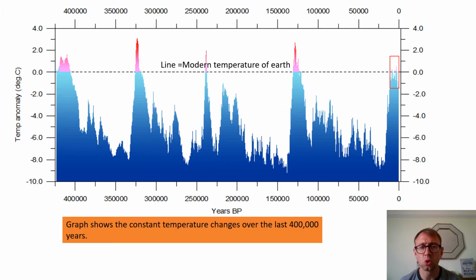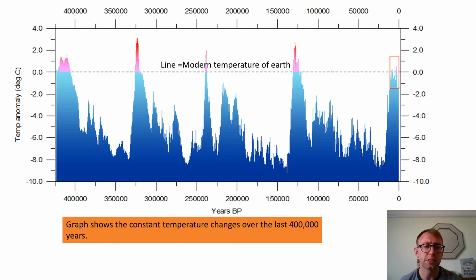So this leads us on to talking about this graph. Along this graph, we can identify some key things. The first one, in the orange box at the bottom, shows that this graph works in cycles of roughly 400 to 1,000 years, where we have periods of warming and periods of cooling. You should be able to identify that the periods of cooling take a lot longer than periods of warming.